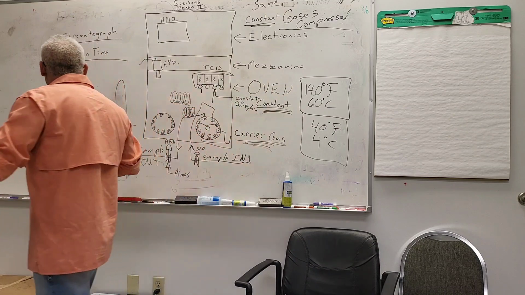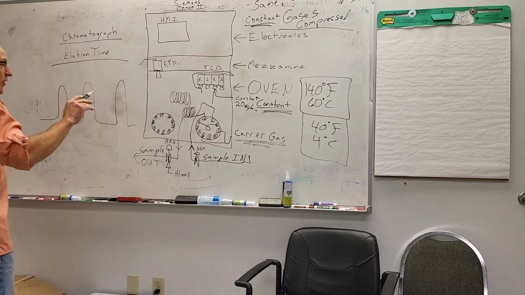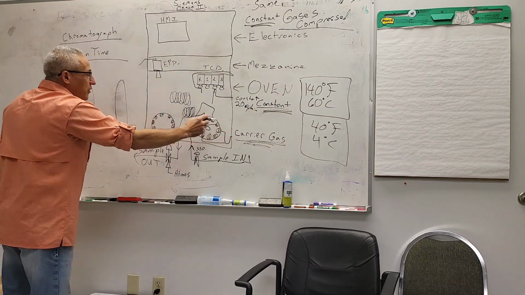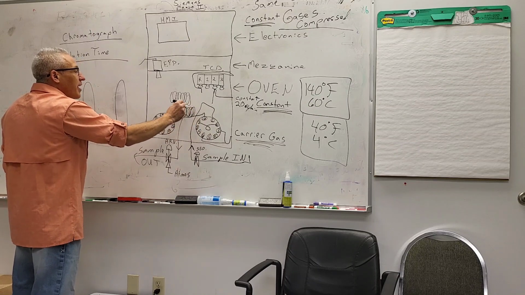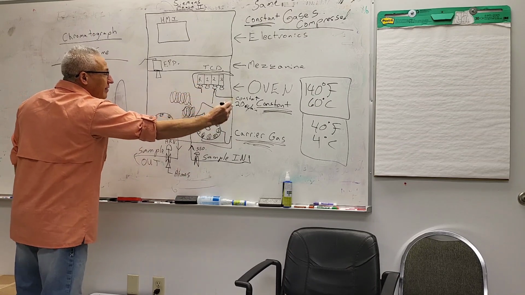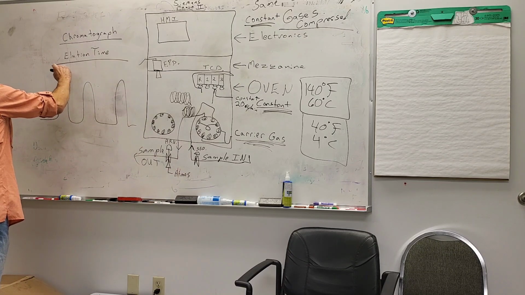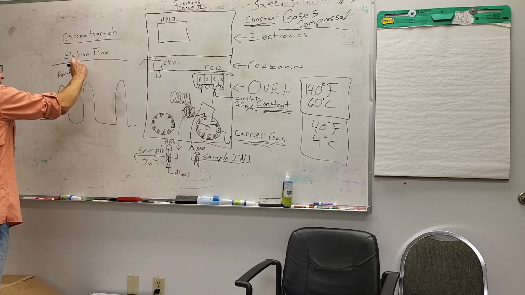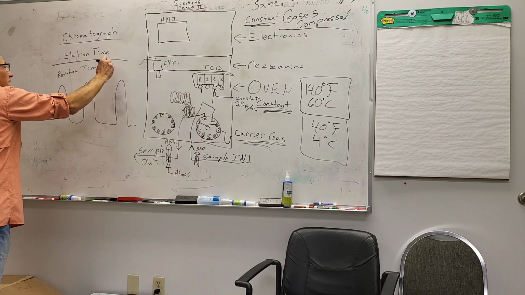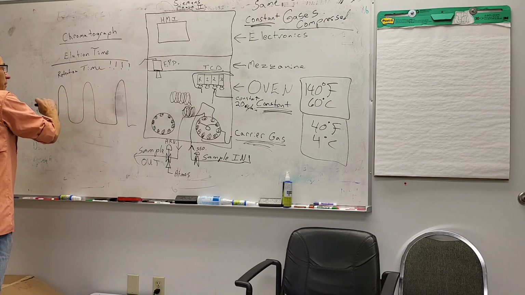So, yes, when we push these guys with carrier gas through these columns, and then they go across these beads, they're going to show up at the exact same spot, known as our retention time, every single time.